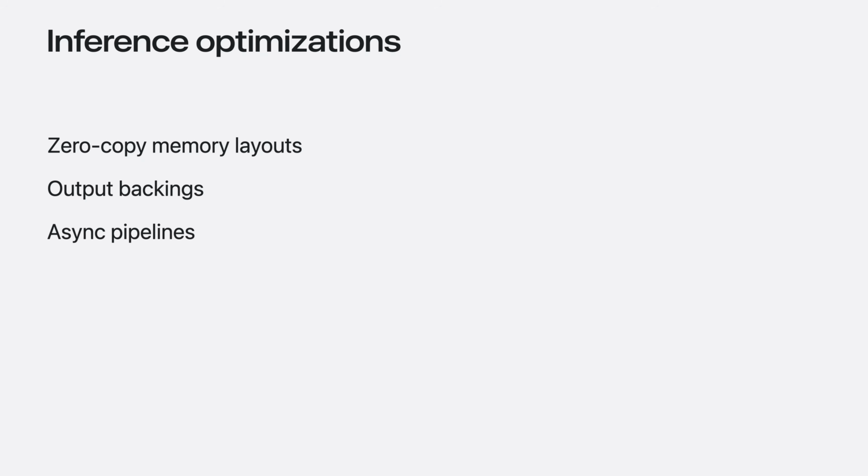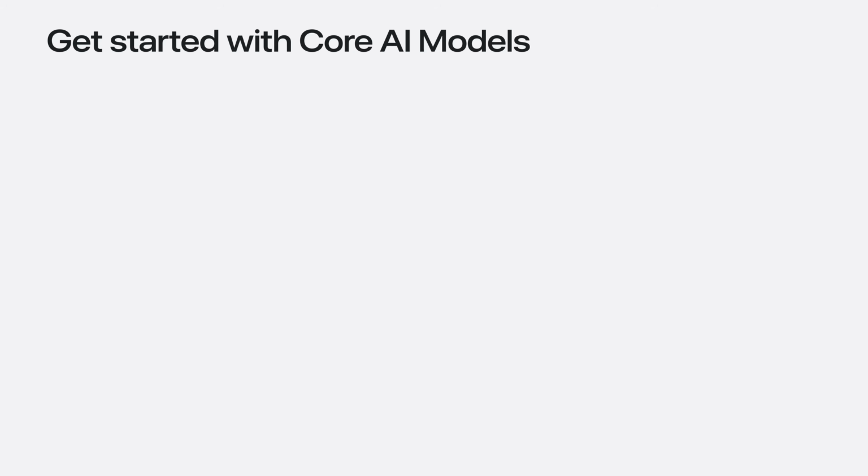And you can also use asynchronous values to efficiently pipeline execution of multiple inference functions together. For most use cases, the higher level inference APIs will get you exactly where you need to be. But when you're optimizing a tight inference loop or integrating a model into a complex compute pipeline, these lower level APIs are there when you need them.